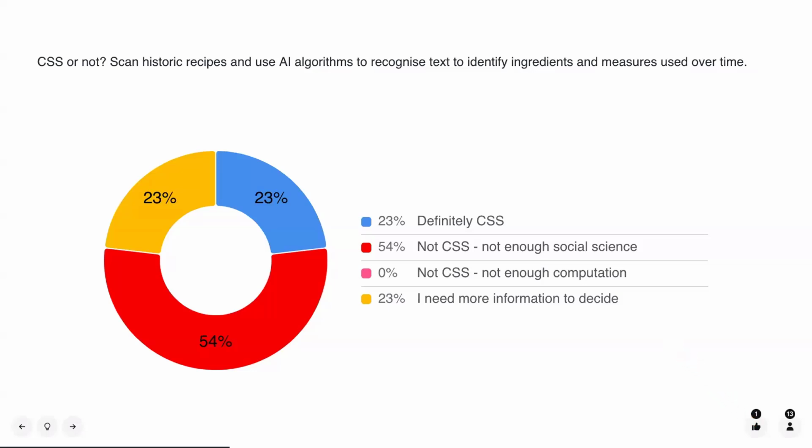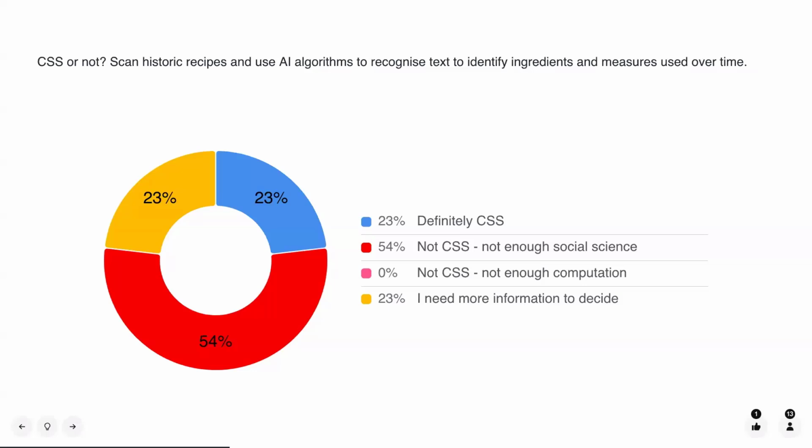So someone's put in the chat, my interpretation is it's too quant. I can understand what you're saying there, and it wouldn't matter as much, I guess, even if it was a bit quanty, if we did have this social science question, but it doesn't really appear to be obvious here, does it? This is one of those exercises that I know can be a bit annoying because there's not always one definite answer.